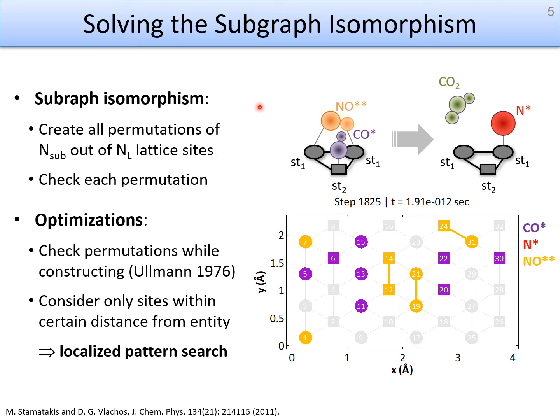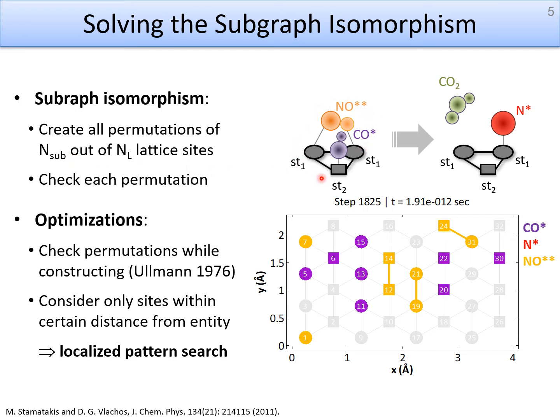Now, solving the subgraph isomorphism problem can be computationally expensive, because what we are essentially doing is creating permutations of n_sub sites out of N_L lattice sites. N_L is the total number of lattice sites, and n_sub is the number of sites that appear in the pattern.